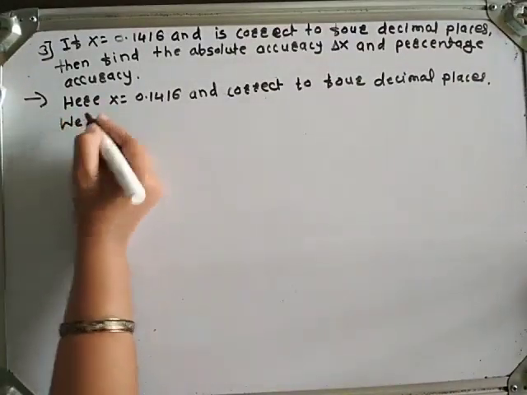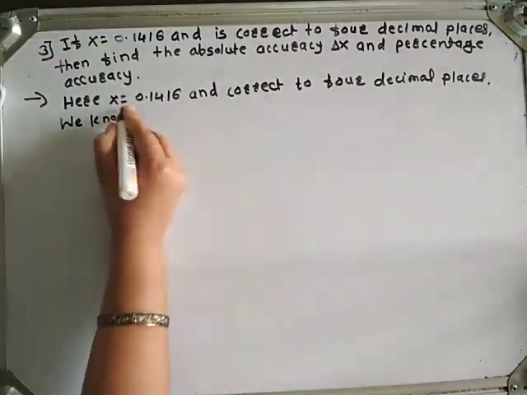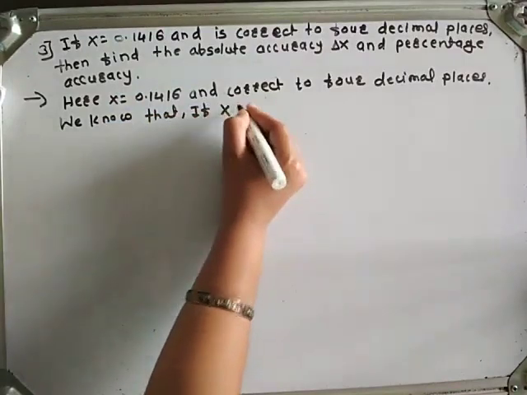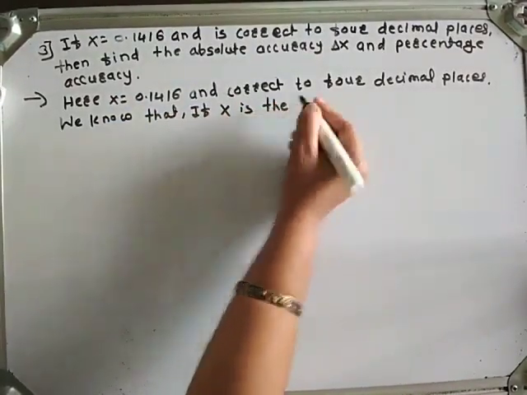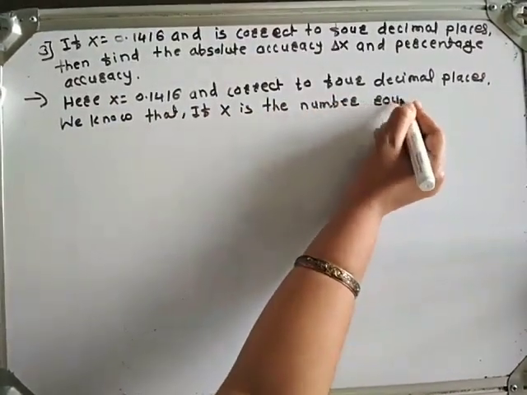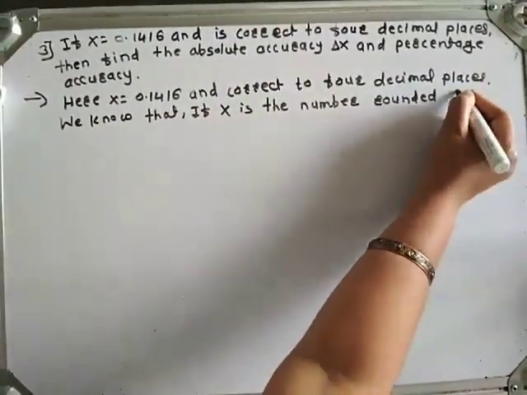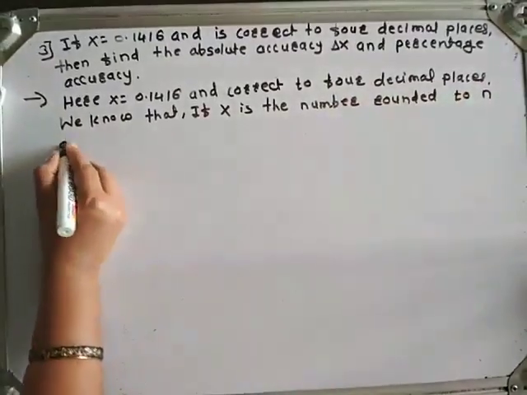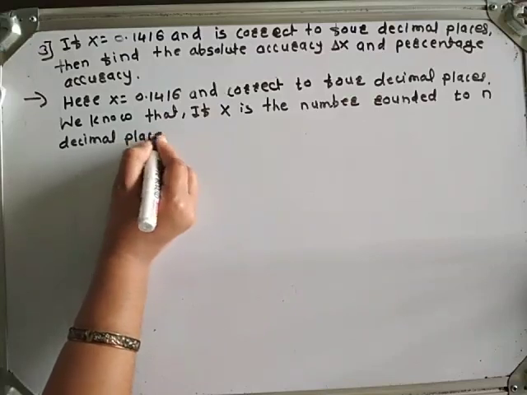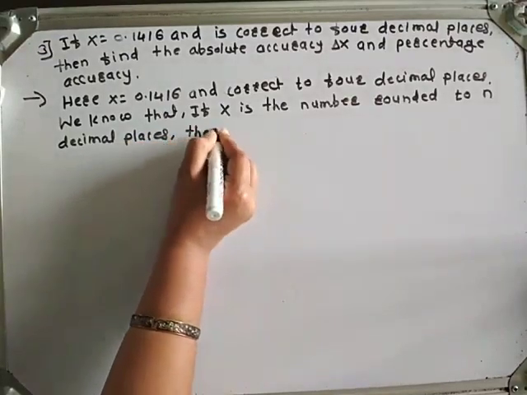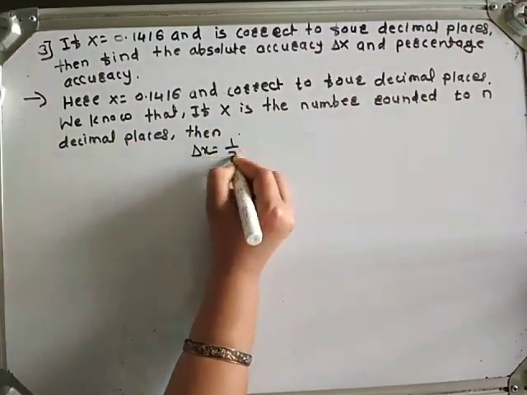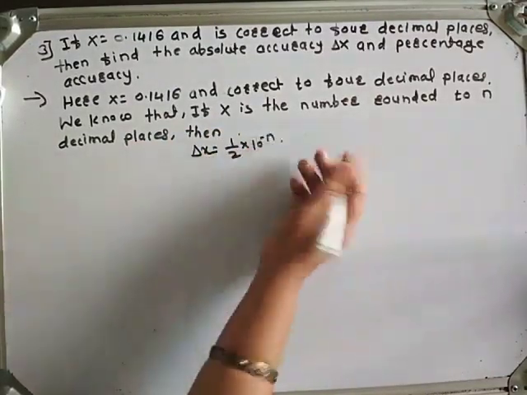We know that if x is a number rounded to n decimal places, then absolute accuracy, that is delta x, is equals to 1/2 into 10 raised to minus n.